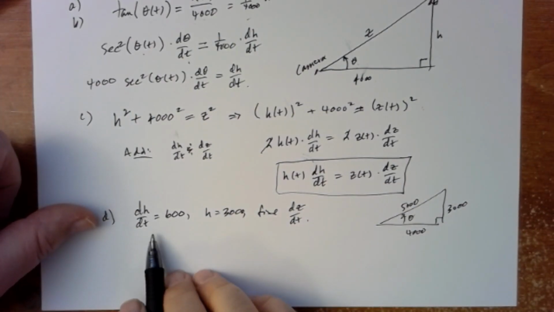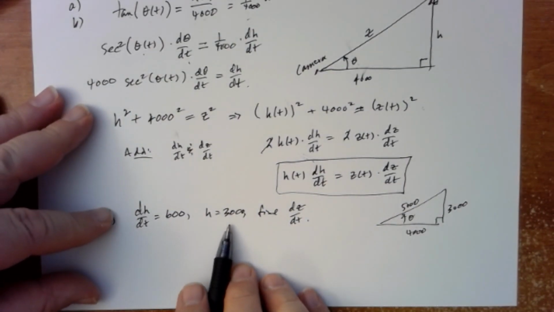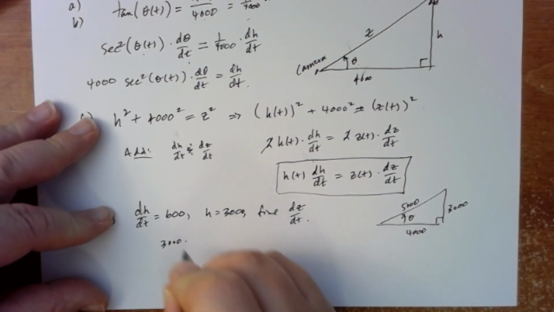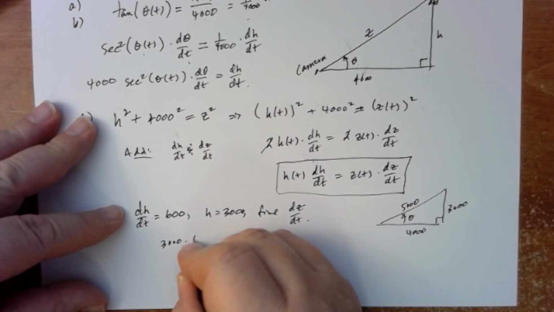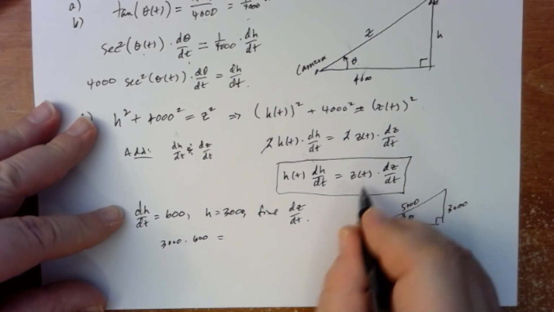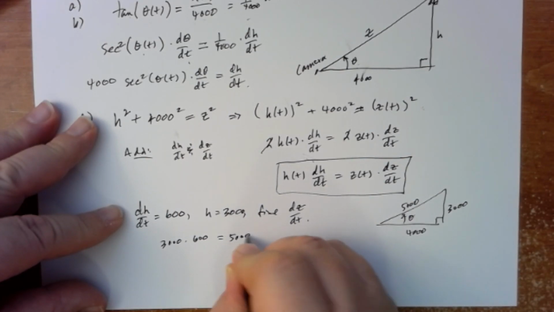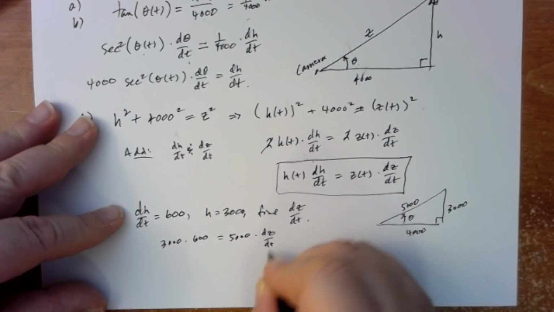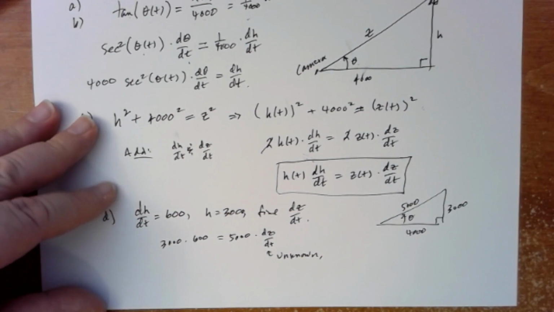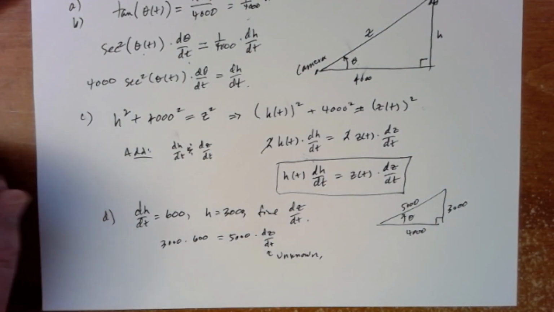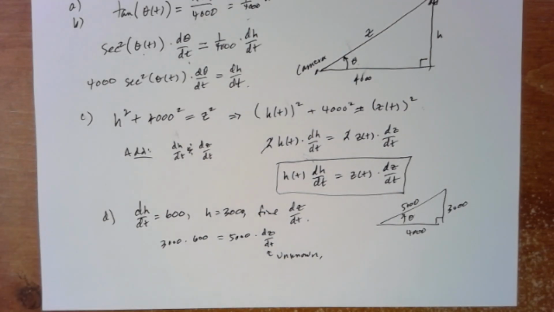Okay, so let's plug things in. So h is 3,000. dh over dt is 600. And then z of t was 5,000. And then dz over dt is the question, or is our unknown. So it looks like 3/5 times 600 is the answer.